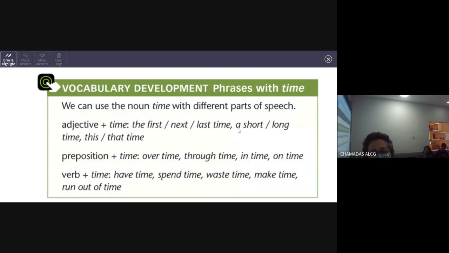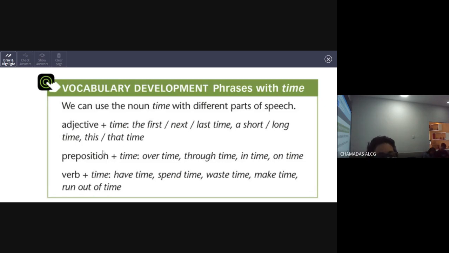Example, the first time, the last time, next time. A short time ago, a long time ago, this time, that time. So different parts of speech together with the word time. Time is a noun.